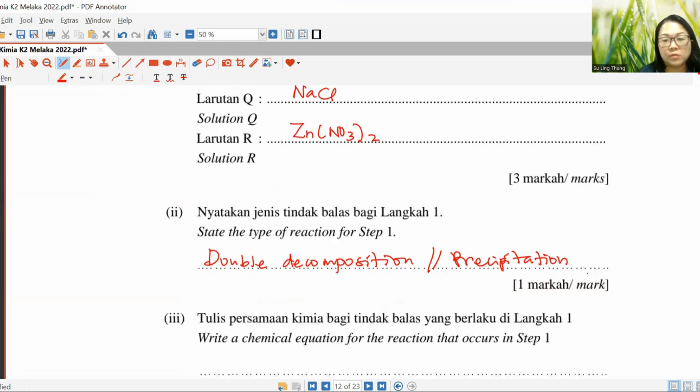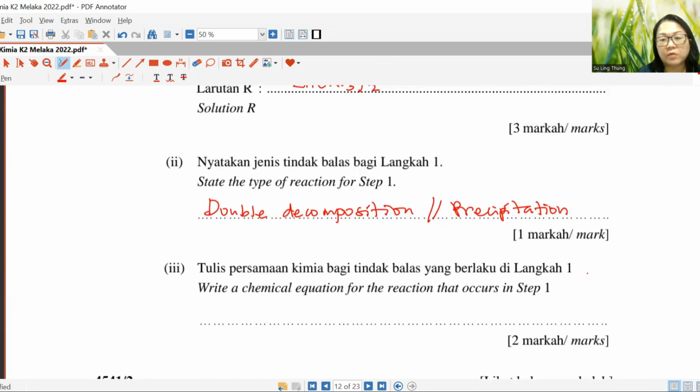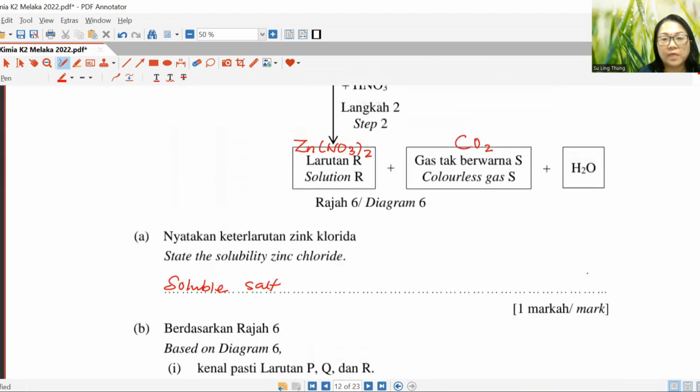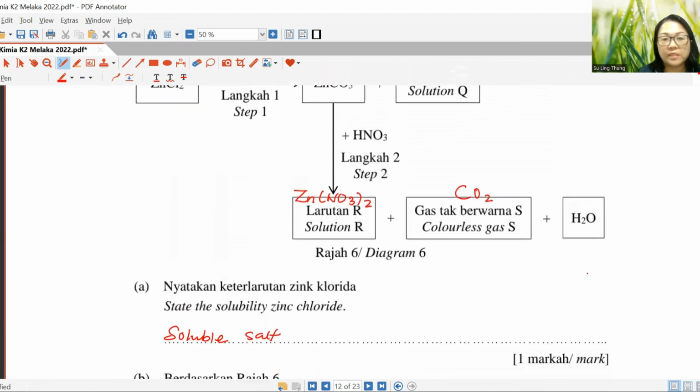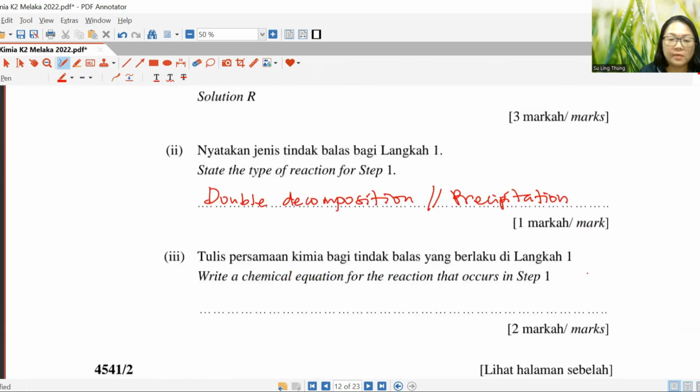Now 3, write a chemical equation for the reaction that occurs in step 1. In step 1 just now we have sodium carbonate with zinc chloride. Zinc chloride reacts with sodium carbonate to form sodium chloride plus zinc carbonate.